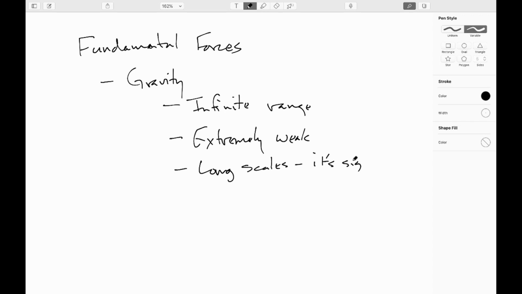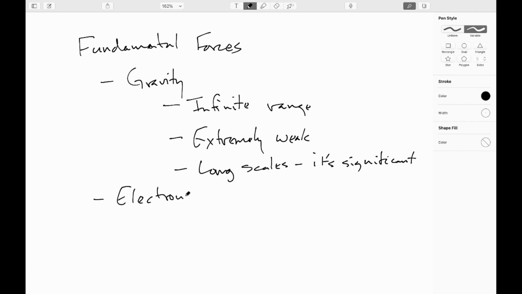And this is mostly because for the other forces, there are mechanisms that tamp down their effect. Much, much stronger than gravity is what gets called the electroweak force. Now, you may not have heard it called that before.